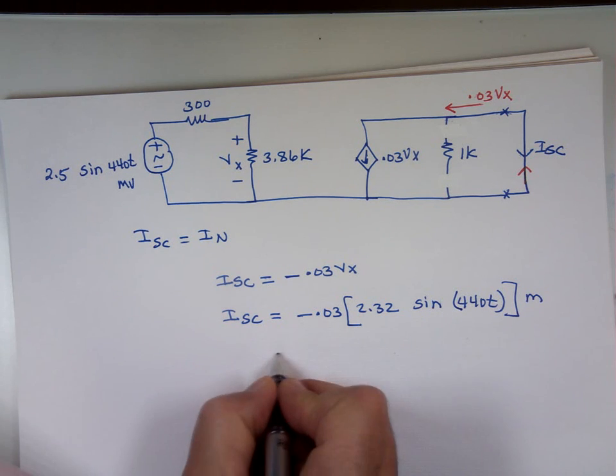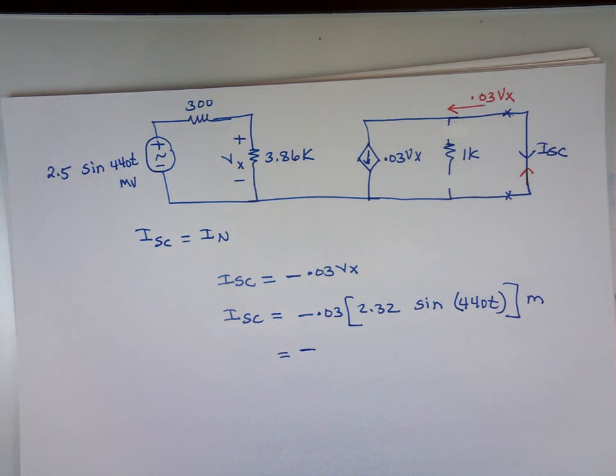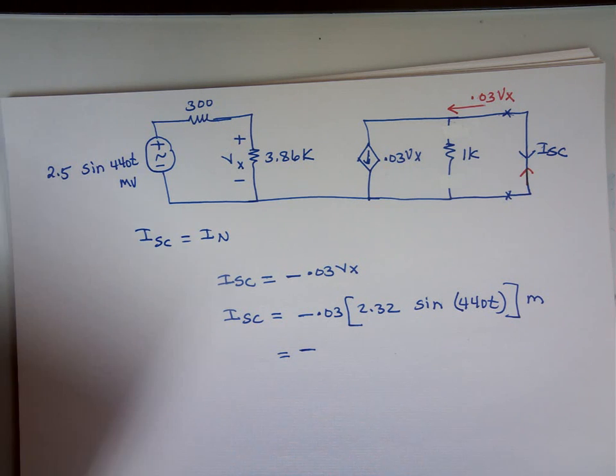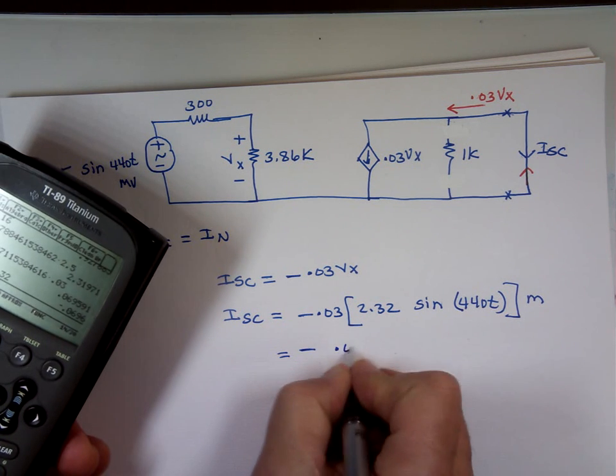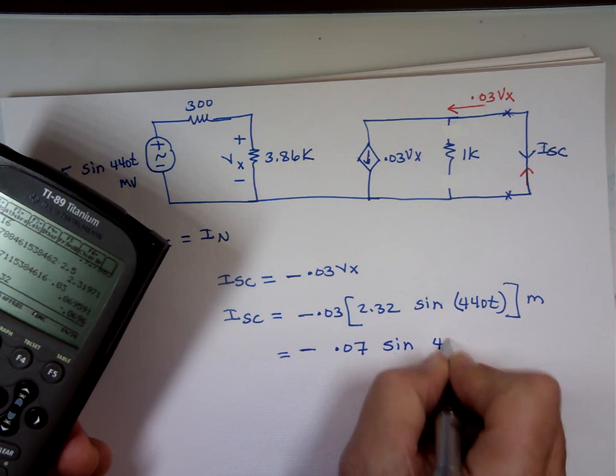That's going to be a negative, negative 0.03 times 2.32, negative 0.07 sine. Is it the same as the other one? No, it's this milli. Oh.